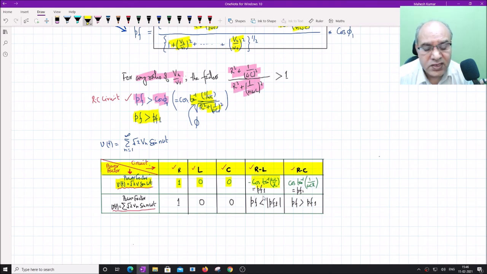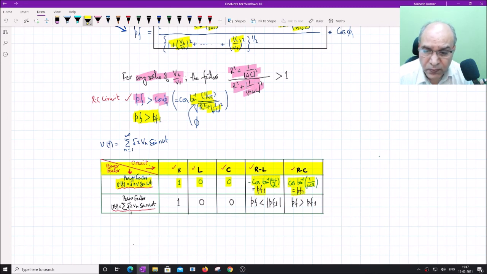Its value is cos tan inverse omega L by R, which is the same as power factor 1. And in the second case, when the circuit is RC, the power factor is cos tan inverse 1 by omega CR, which is power factor 1 or fundamental power factor.